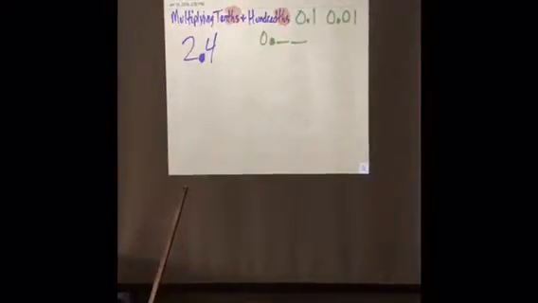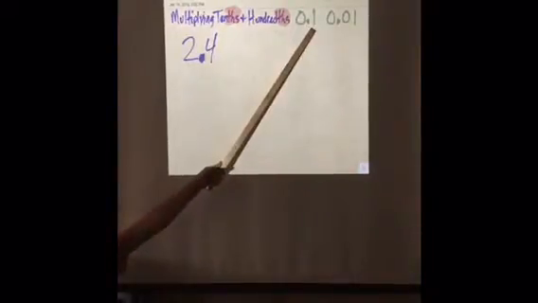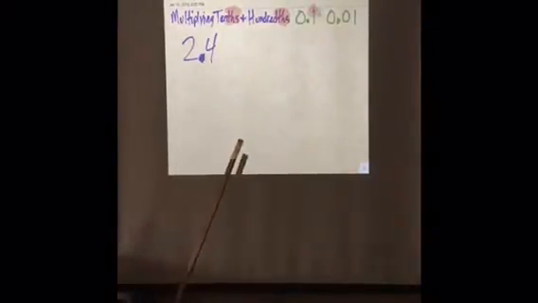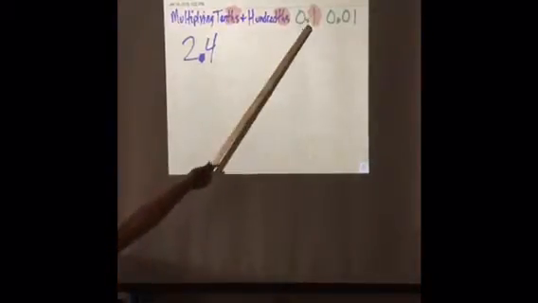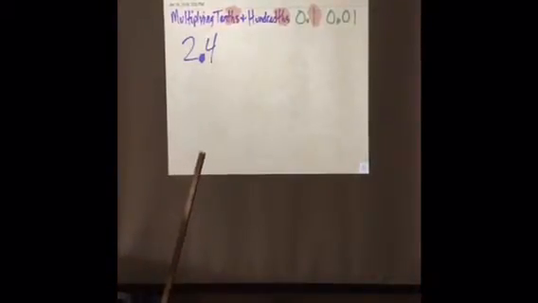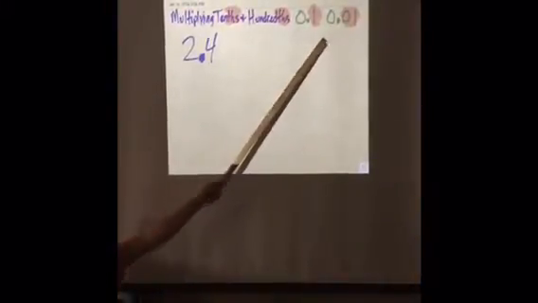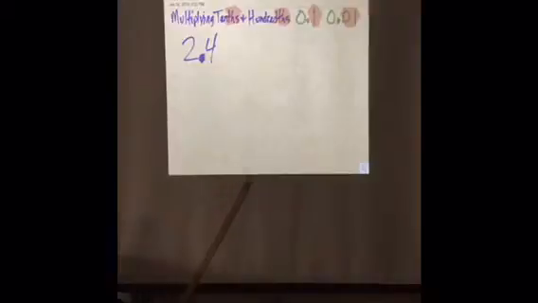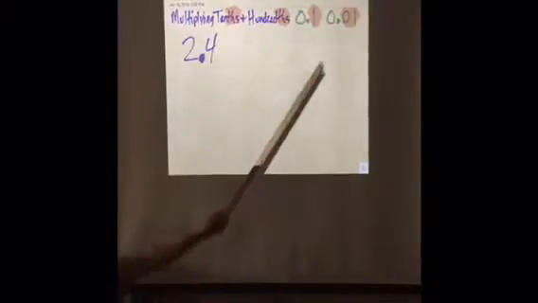Now if you notice, I have one place behind the decimal, and that would be called what? Tenths. A tenth. And if I have this one right here, how many places are behind the decimal? Two. And we would call that a hundredth.